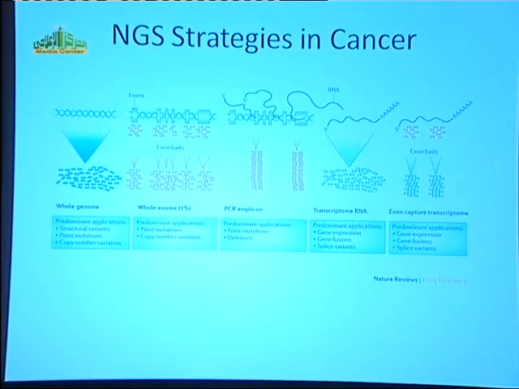This represents probably somewhere in the vicinity of 1 to 3% of the genome, a much more manageable amount of data, and one would argue perhaps the most important data within the genome. There are also amplification-based technologies to target specific areas such as the exome, and transcriptome-based sequencing, either the transcriptome in its entirety or once again selecting particular areas of interest for sequencing.